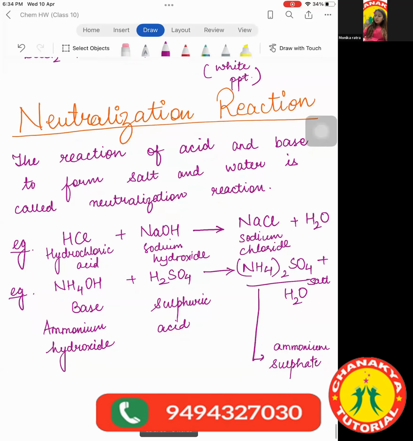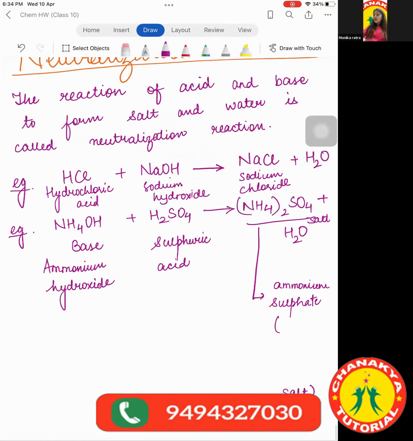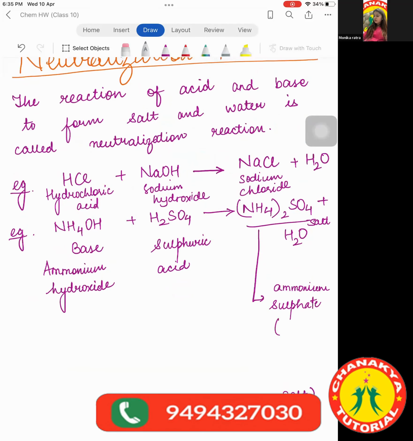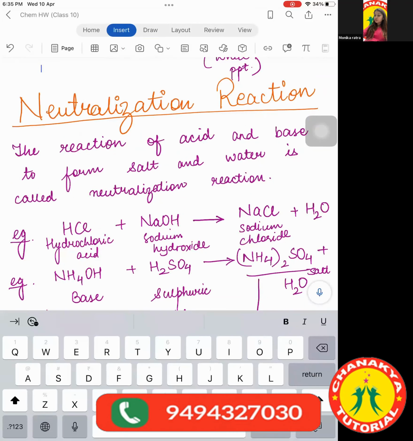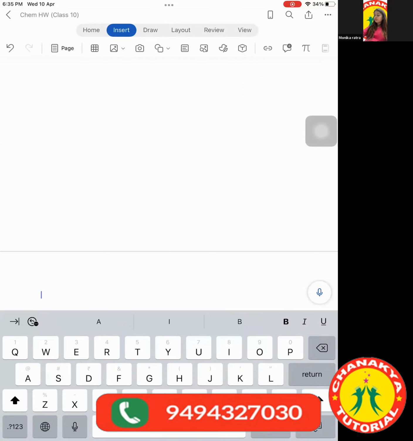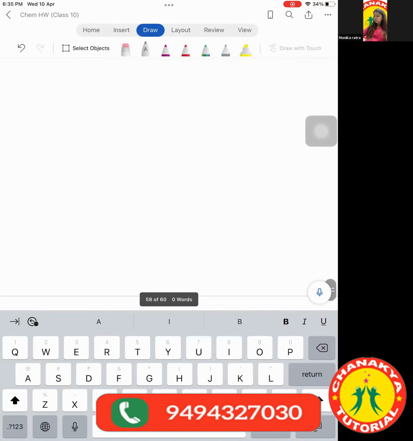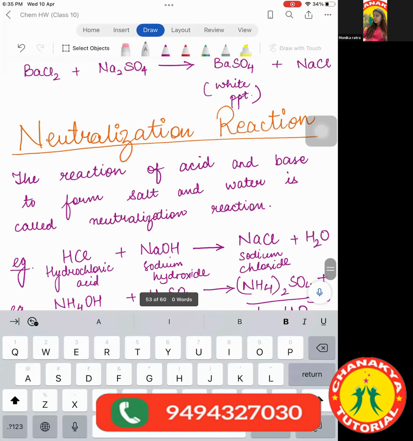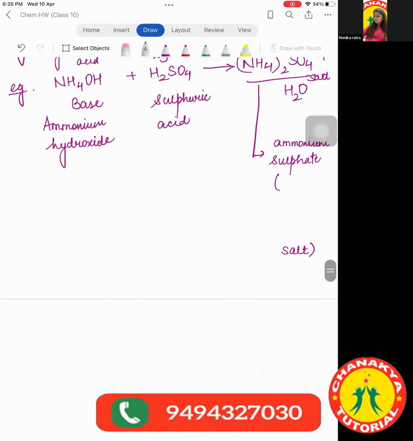Okay. Now let us move further to the last reaction of our syllabus, which we are supposed to do. That is the redox reaction.